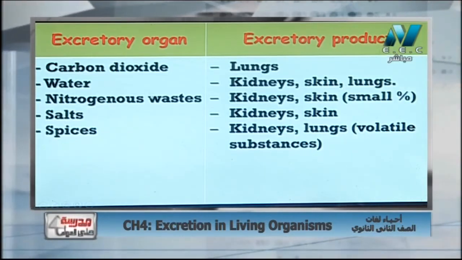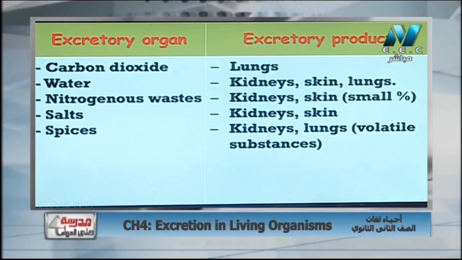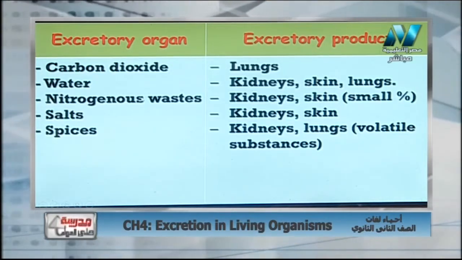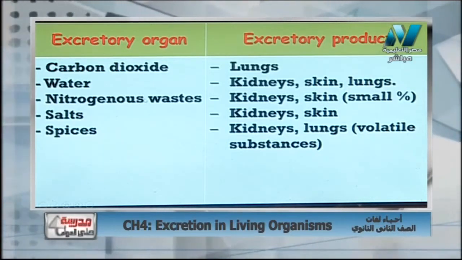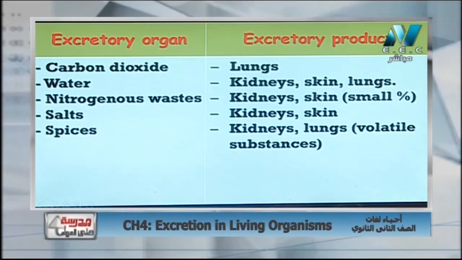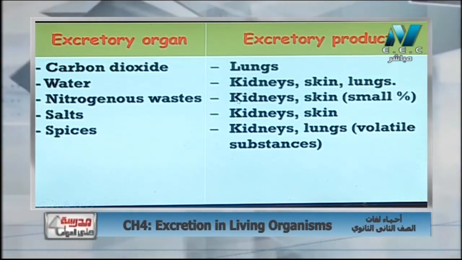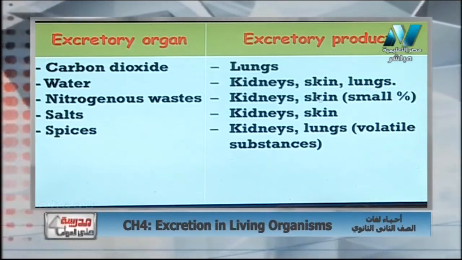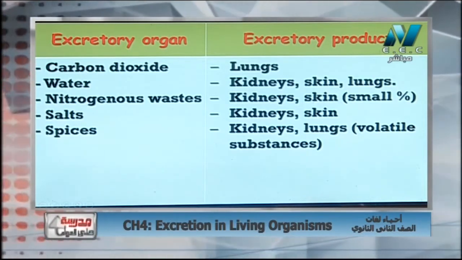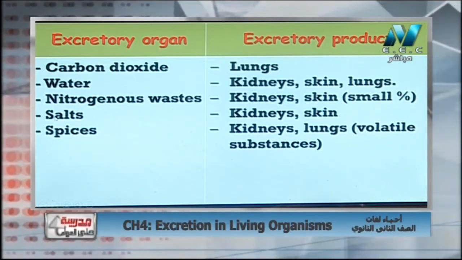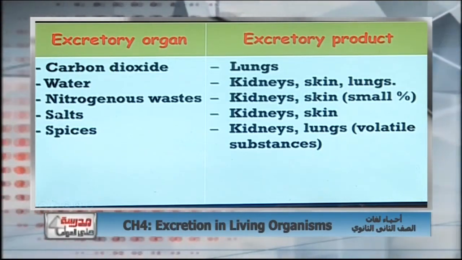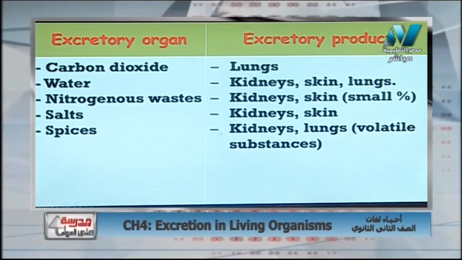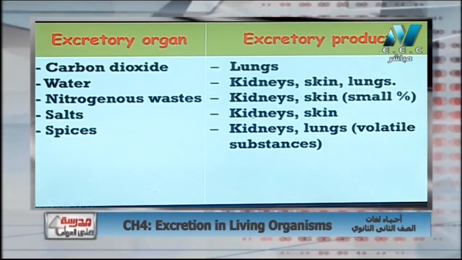And this exhaled air contains water vapor, of course. The nitrogenous wastes that are produced due to the metabolism or catabolism of the excess amount of proteins must be expelled out of the body through kidneys, and skin in small amounts. Also, the excess amount of salts that the person feeds with come out of the body from kidneys and skin.